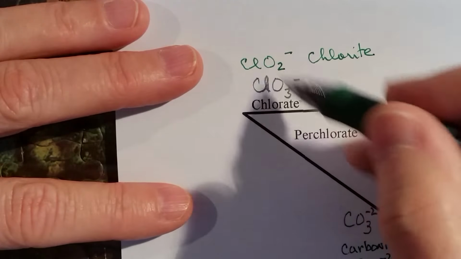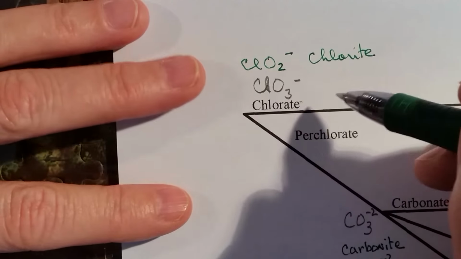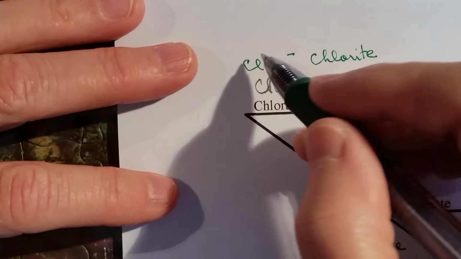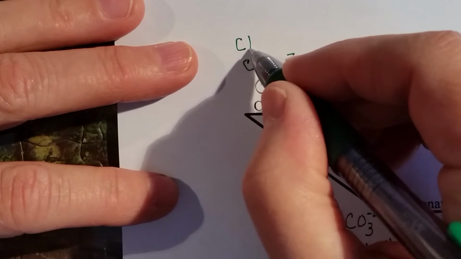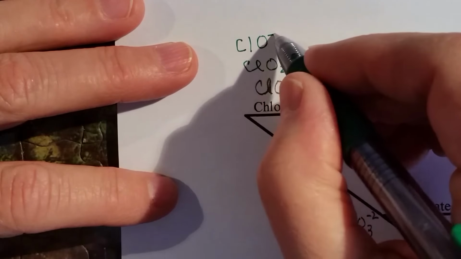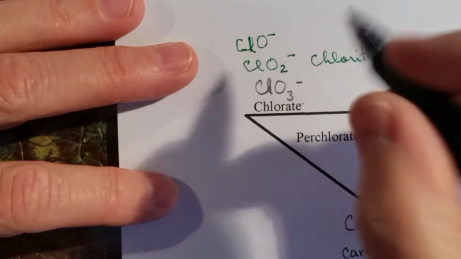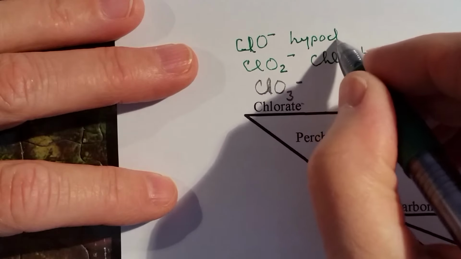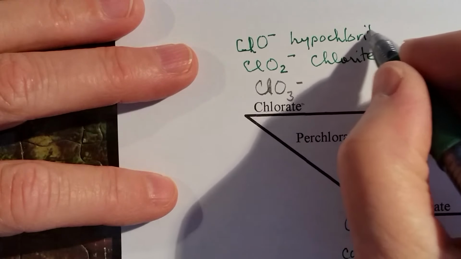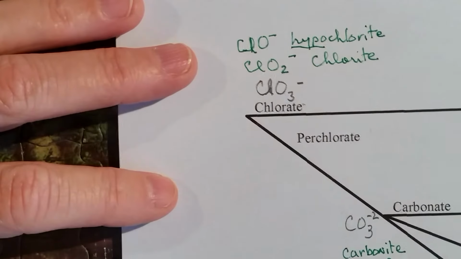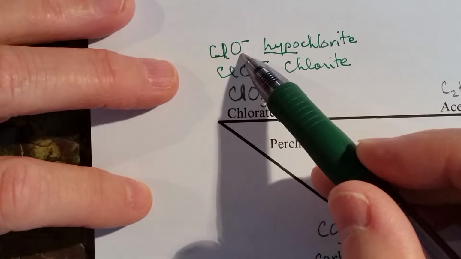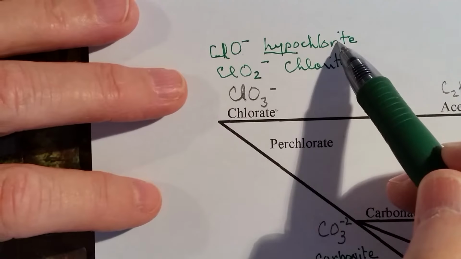But we have other polyatomic ions that fit in this category. You also have one called ClO with a -1, just one chlorine, one oxygen, and that is called hypochlorite. Now, hypo is a prefix that means lowest or below. So the least number of oxygen is hypochlorite.